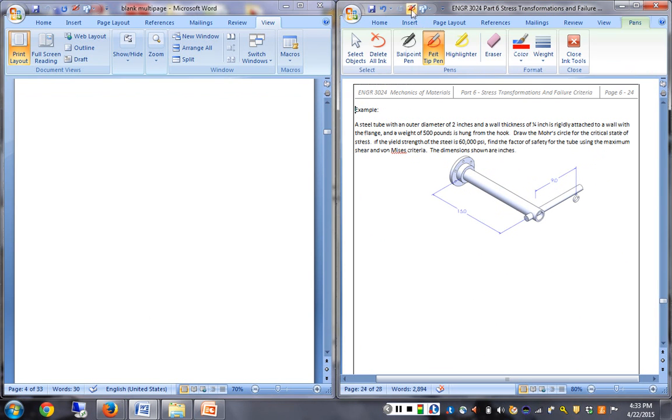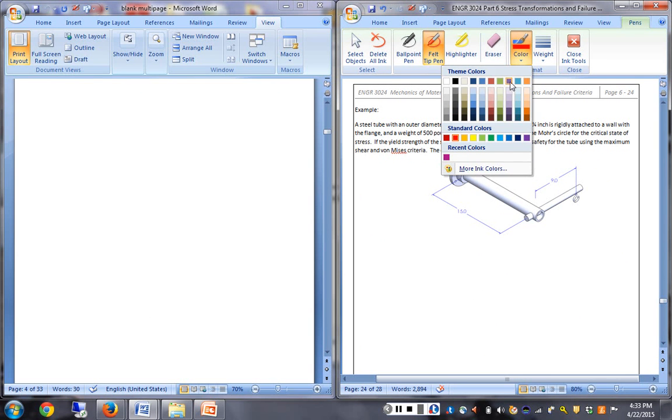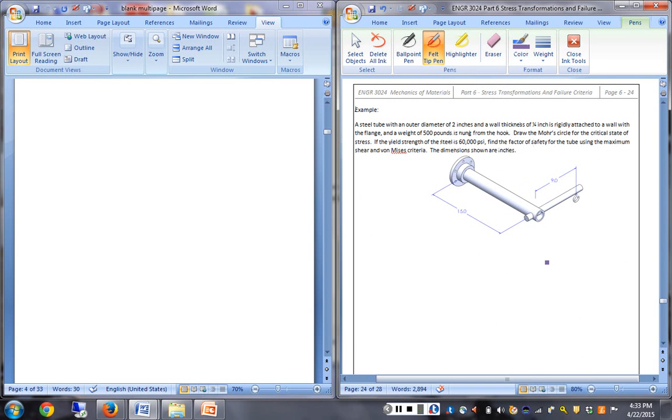So, we have this scenario. We have a pipe connected to the wall by a flange, and we know that it's 2 inches outer diameter and the wall thickness is 1/4, and we're going to put 500 pounds coming down from here.